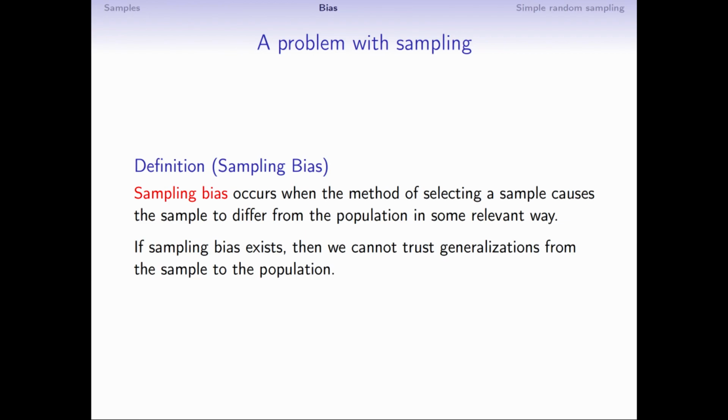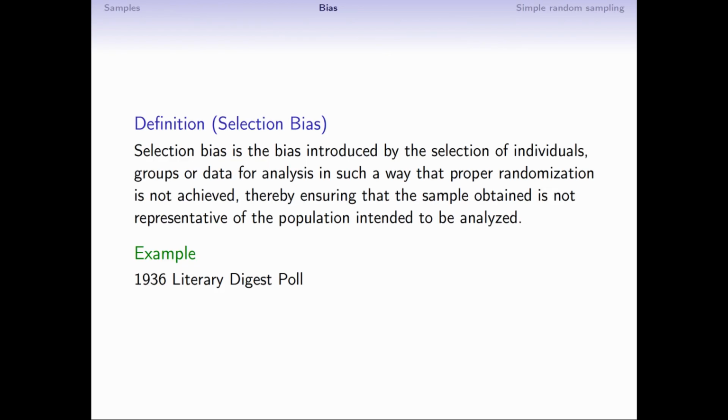Sampling bias occurs when the method of selecting a sample causes the sample to differ from the population in some relevant way. If sampling bias exists, then we cannot trust generalizations from the sample to the population. Okay? So there could be a problem just in the selection of the sample.